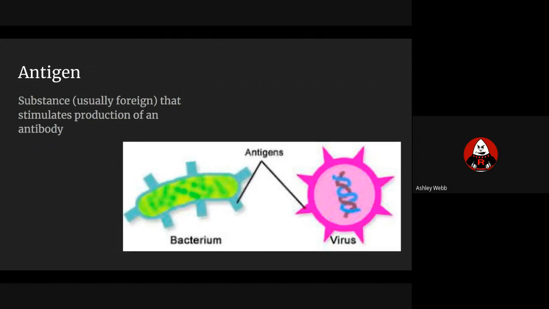So if you remember, antigen is a substance that stimulates production of an antibody. So virus, bacteria, anything like that that's foreign, something that's foreign that stimulates that antibody to be produced.